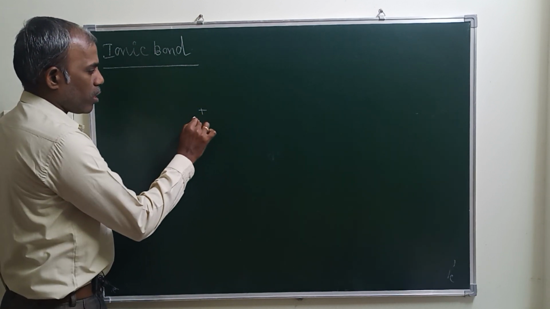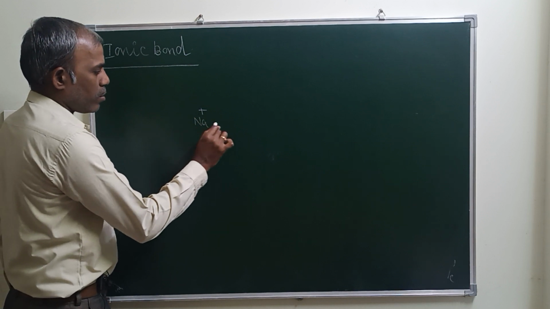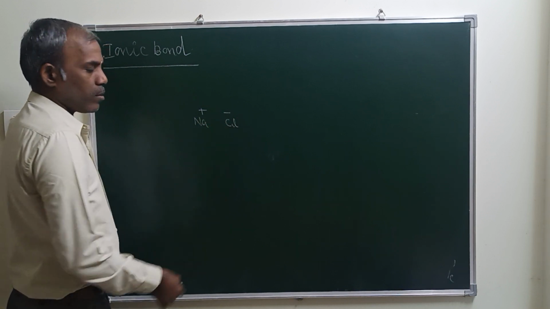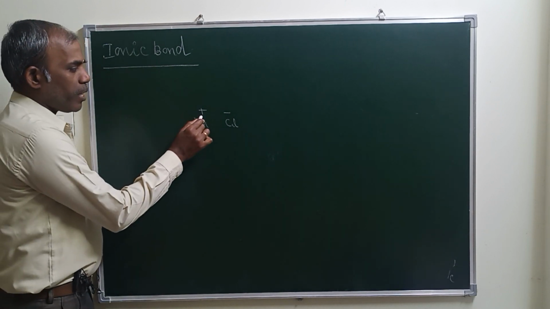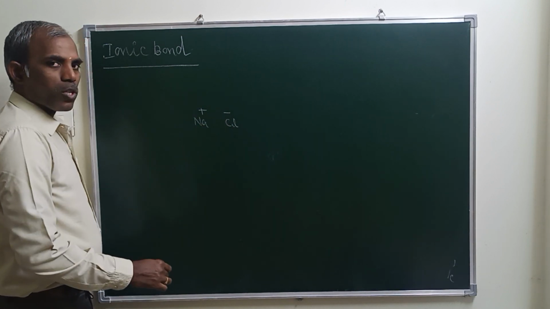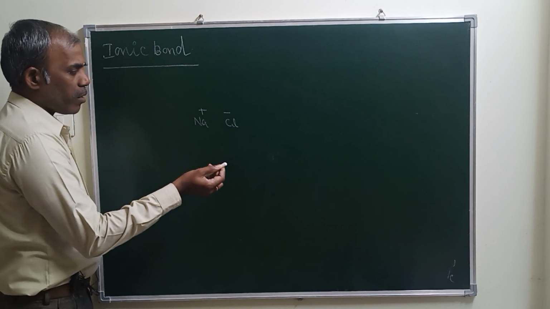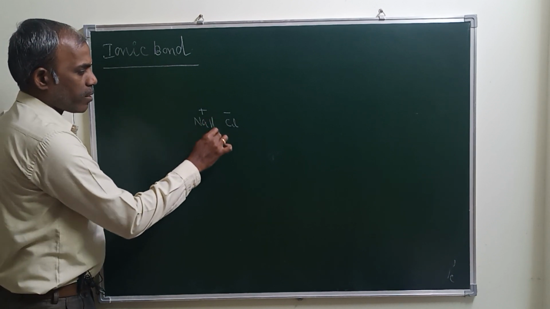Species with positive charge, imagine Na plus and Cl minus: complete positive charge, complete negative charge. You know very well that oppositely charged species attract each other.